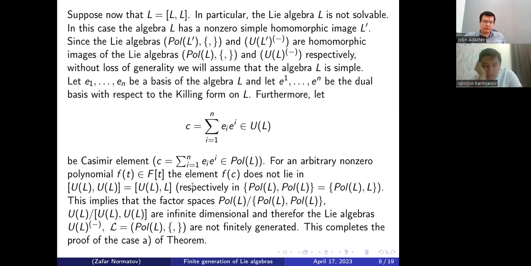Then they take the quotient, and since these polynomials are infinite, the quotient is infinite dimensional, and the algebras are not finitely generated. What they did is find elements and show that a polynomial of the element does not lie in the bracket.